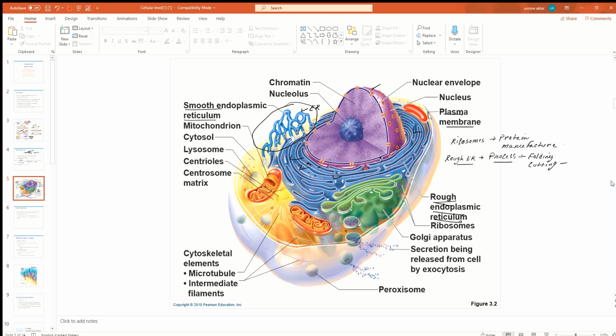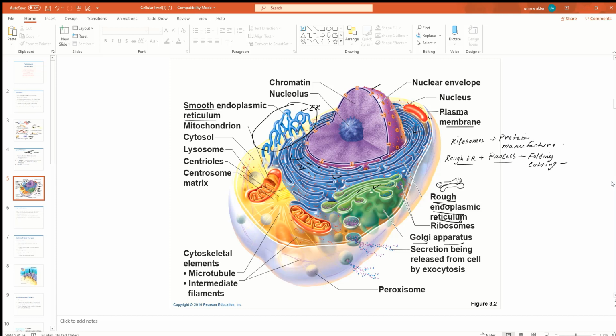Then the processed proteins go to these green structures here. These are called the Golgi Apparatus. They are like flattened membranous sacs piled or stacked together, and both ends are expanded, or wider.